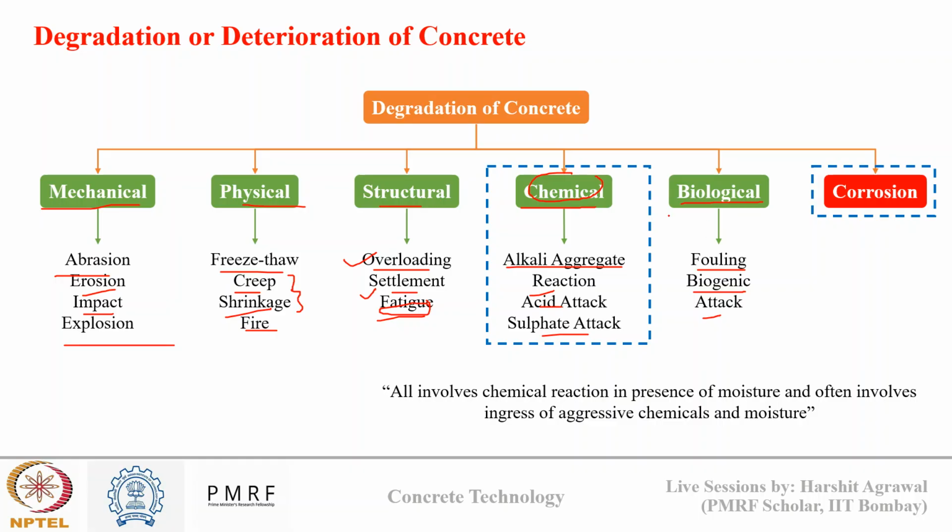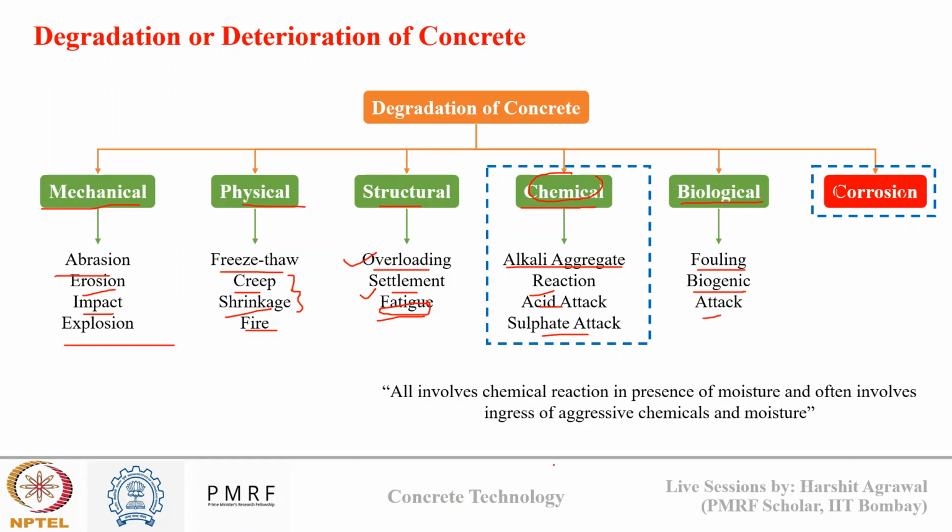Now, both of these categories, corrosion and chemical degradation, are highly dependent upon the presence of moisture as a key agent contributing to the ingress of chemicals and other ions which are responsible for degradation.